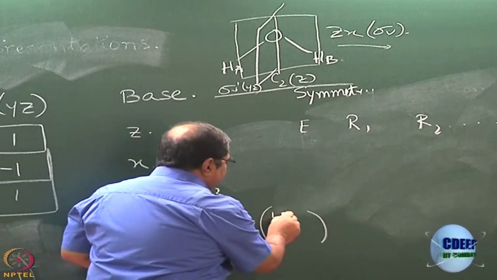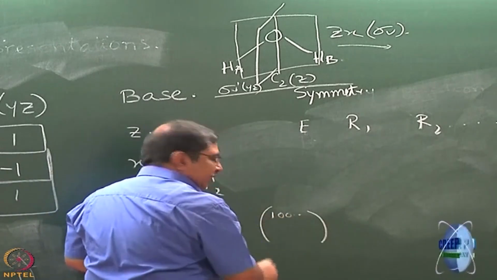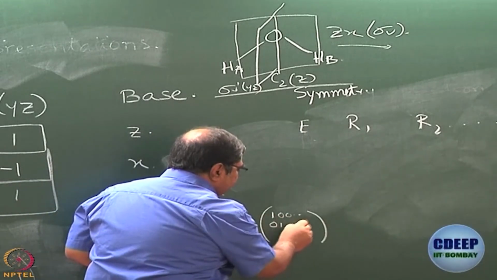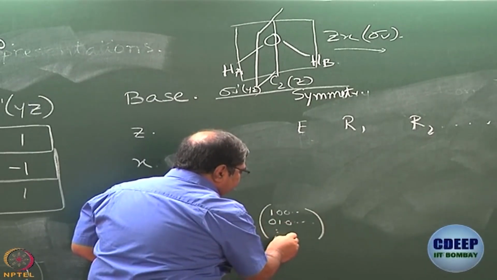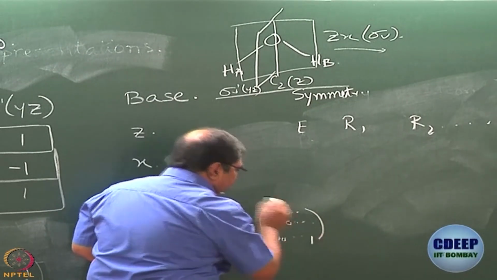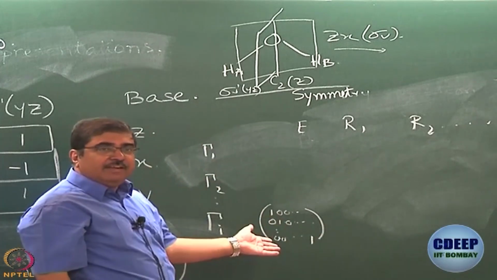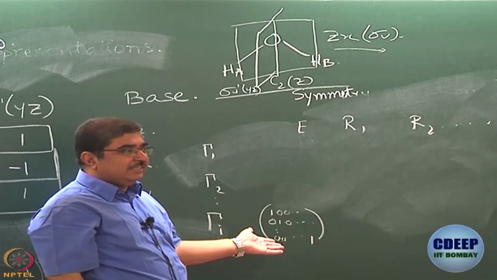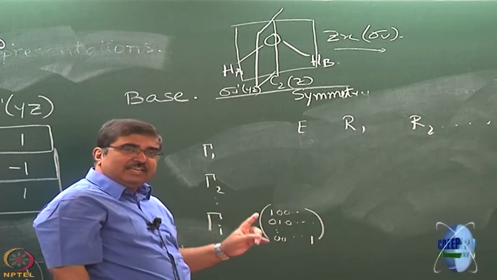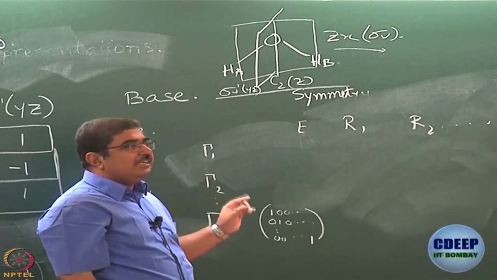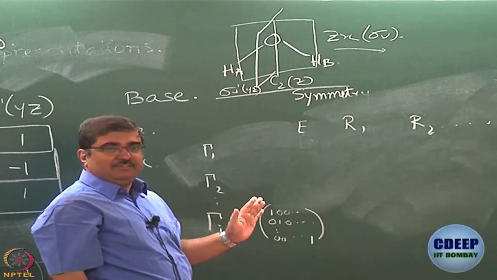It will be 1, 0, 0, something like that, 0, 1, 0, so on and so forth, and finally you will have 0, 0, 1. I have not defined what the dimensionality of this matrix is. Dimensionality of the matrices in a representation is the dimensionality of the representation itself.